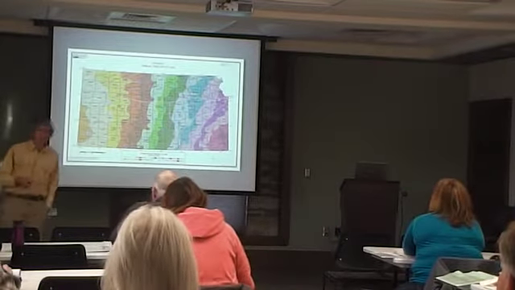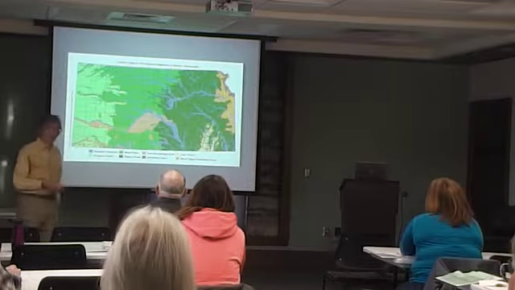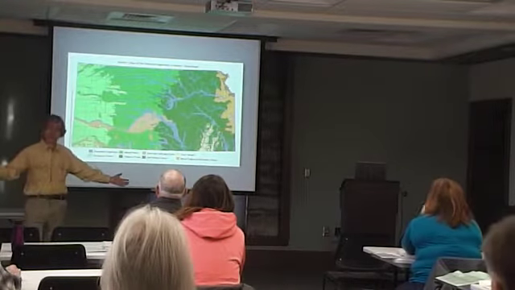So this is a map of vegetation. Obviously, vegetation is controlled by climate, and vegetation is also one of the main contributors to soil formation. So as you would expect, because there is this very strong precipitation gradient across the state, there's also an east to west vegetation gradient that follows that.